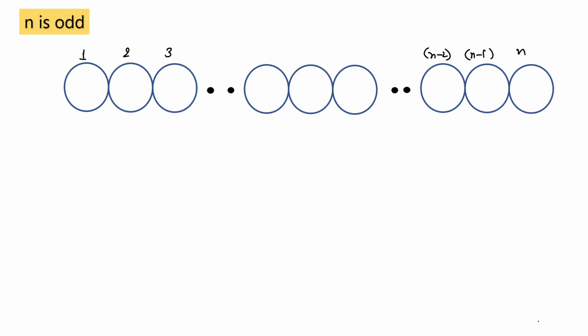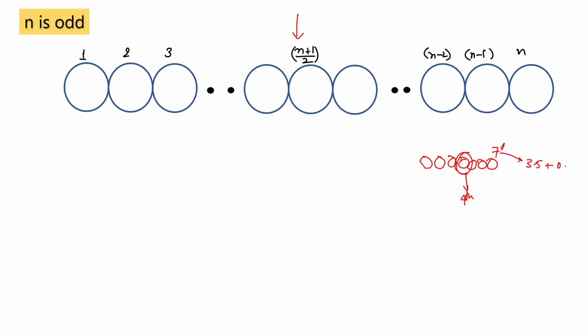What if n is odd? If n is odd, then in the middle you have just one box, not two boxes. So what will be the index of this middle box? This is interesting, because if you have 1 2 3 4 5 6 7 boxes, which one is the middle box? The fourth box, right? You have 7 boxes, so half of 7 is 3.5.